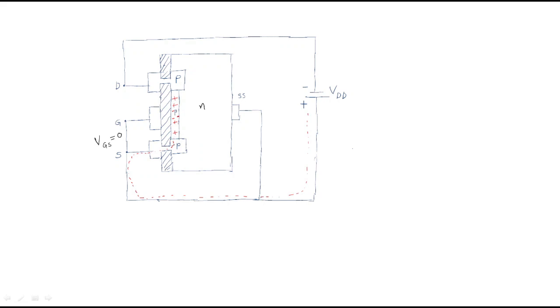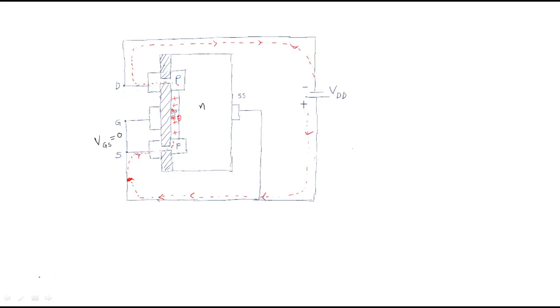These positive holes will be pushed, and some of the holes will recombine with electrons, and then the holes will be pushed into the P type. The holes will be attracted by the drain.